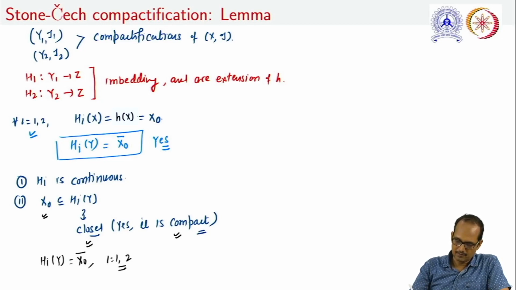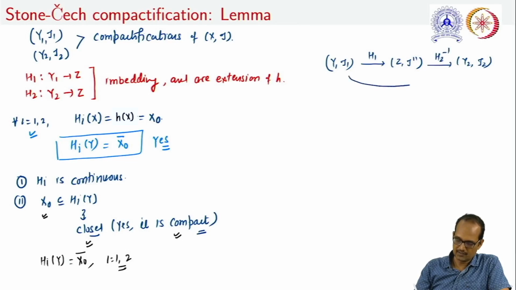Now, with these functions H1 and H2, we can deduce that if we have the topological spaces (Y1, tau 1), (Z, tau double dash) and (Y2, tau 2), the function is H1 and then the inverse of H2, and their composition is H2 inverse composed with H1. How will this behave on elements of X?